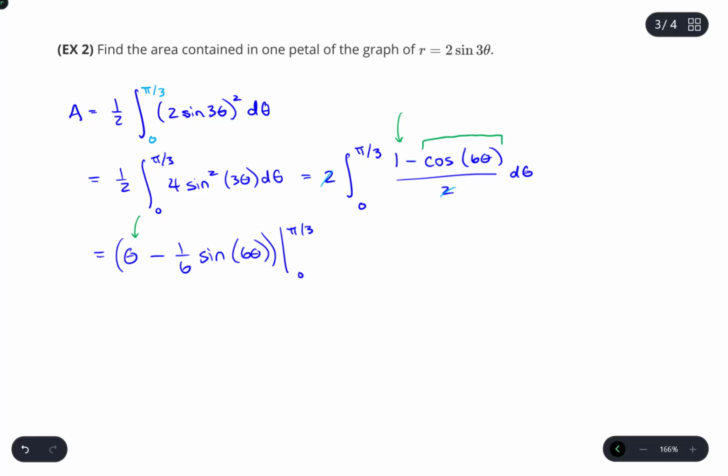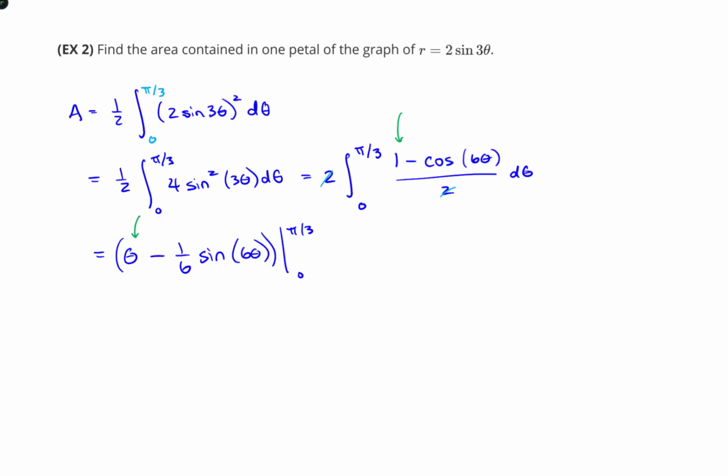One thing, and I might have mentioned this already, but when you integrate your basic functions, if it's only off by a constant multiplier, so this is only off from cosine theta by this multiplier of 6 on the angle measure theta, what's going to happen is you can do the u substitution, but it's always going to just change your outer function, leave the inside function alone, but then divide by that factor. So to speed things up, that's a great way of doing that. If you want to use the u substitution, that's perfectly fine.